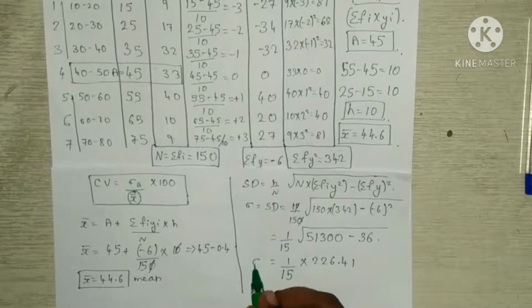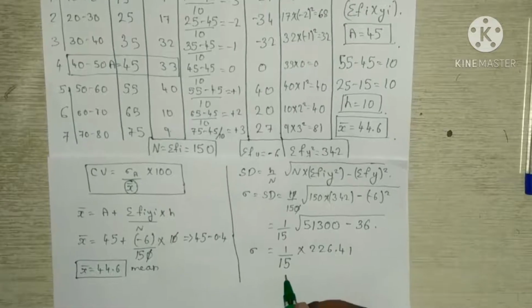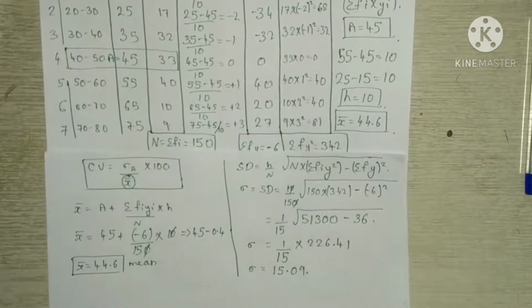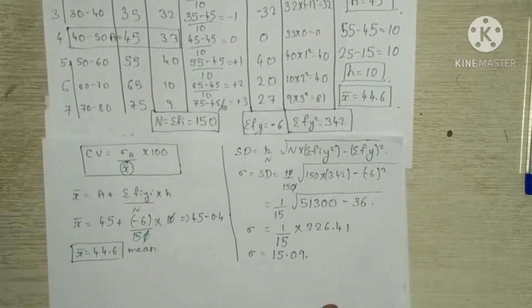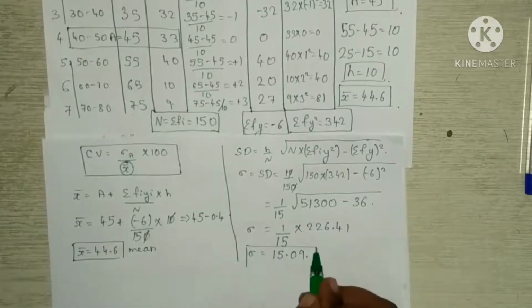After dividing 226.41 by 15, you will get sigma equal to 15.09. Okay, now 15.09 is nothing but sigma.